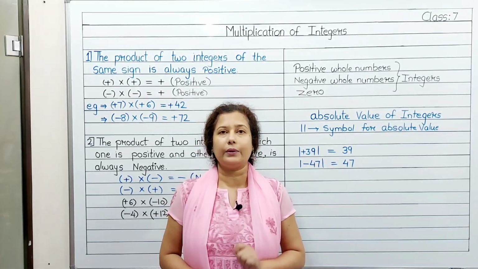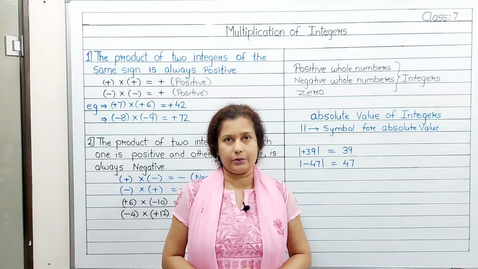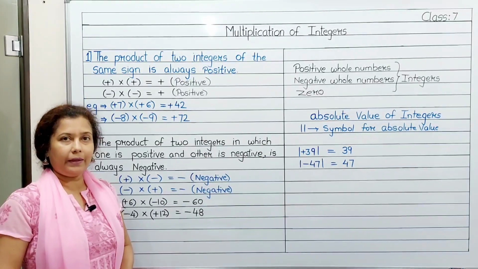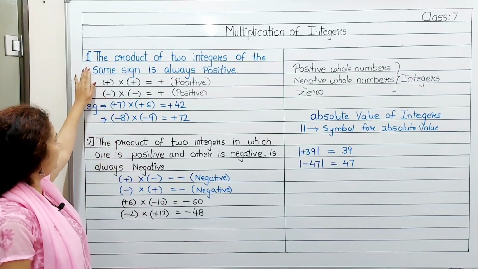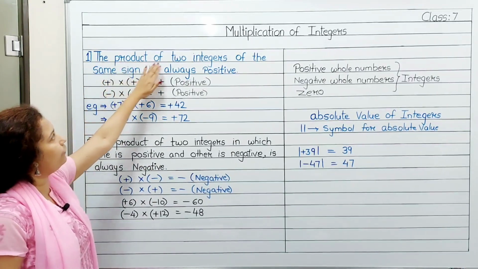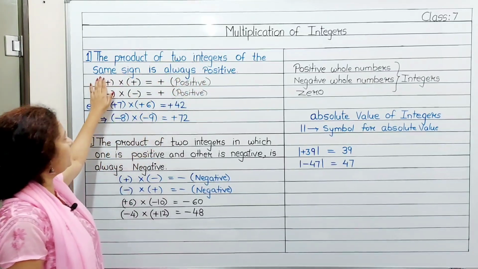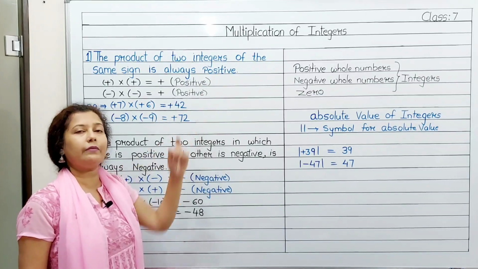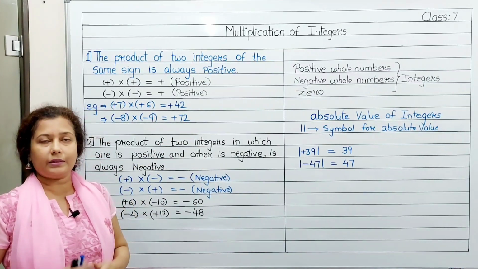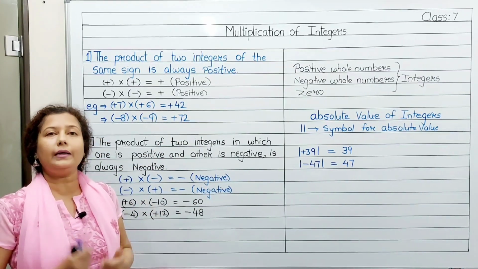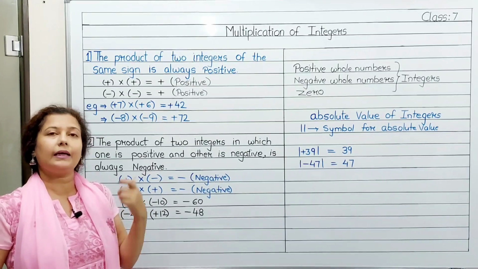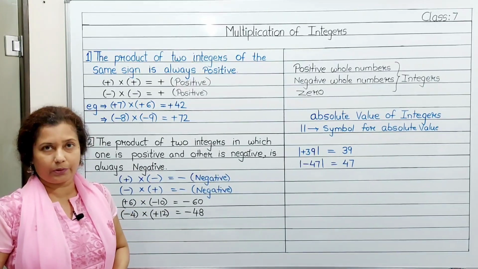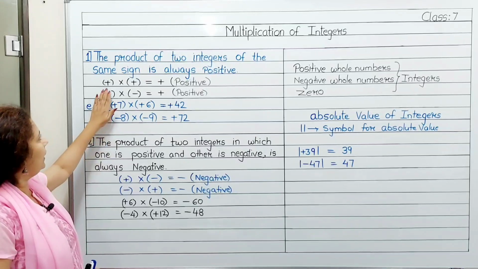So now we will start with the multiplication of integers. For multiplication, we have to remember few important points. The first point is the product of two integers of same sign is always positive. That means when we multiply two integers which are positive or two integers which are negative, then the result will always be a positive integer.